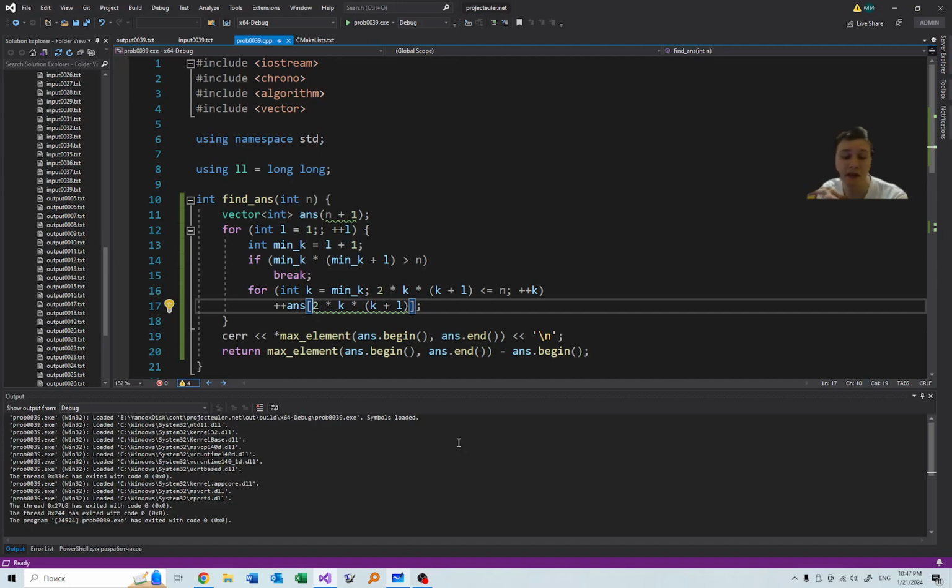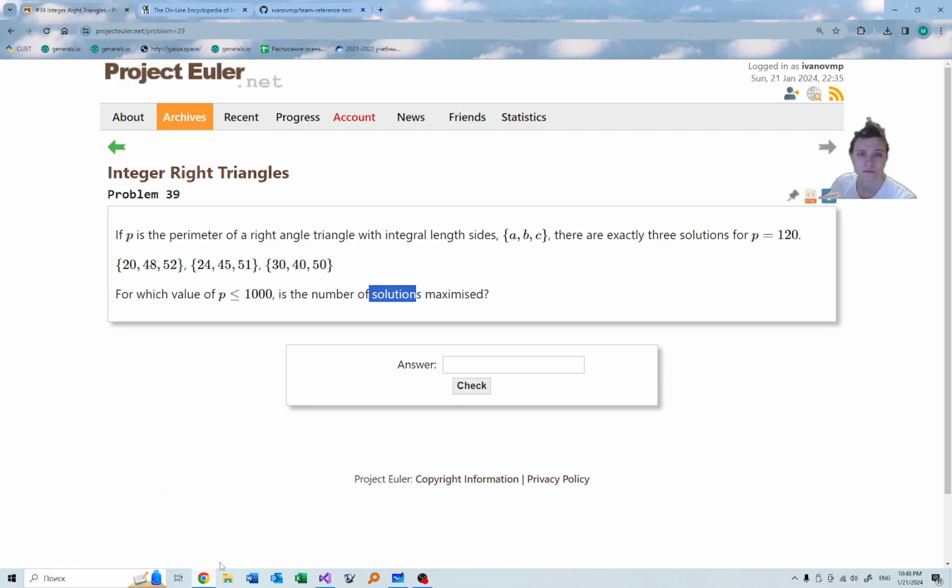No way, it cannot be. Why only two ways? There are exactly three solutions for p equals 120.